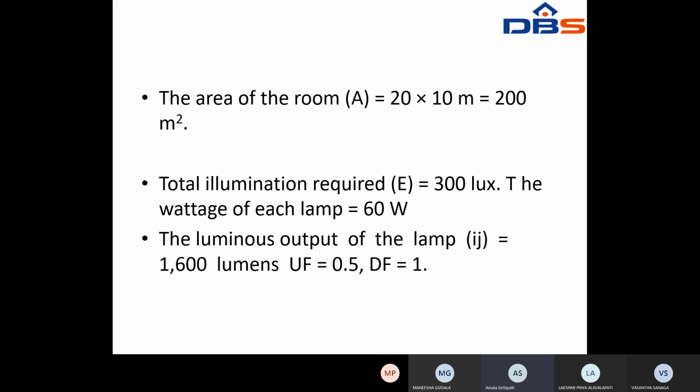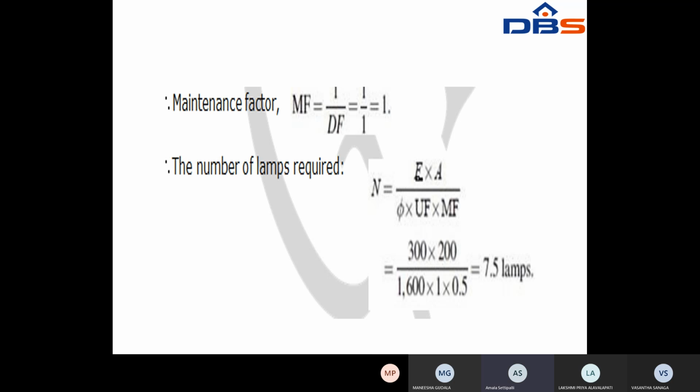So next one is, maintenance factor is nothing but 1 by depreciation factor. The formula for number of lamps required is N equal to E into A divided by phi into UF into MF. Previously we wrote O, that is nothing but phi. In this problem, E value is given, A value is given, phi, the total flux output, is given, utilization factor is given, but maintenance factor is not given.